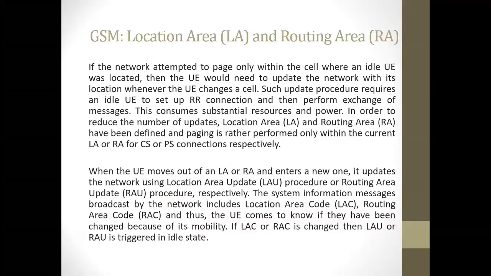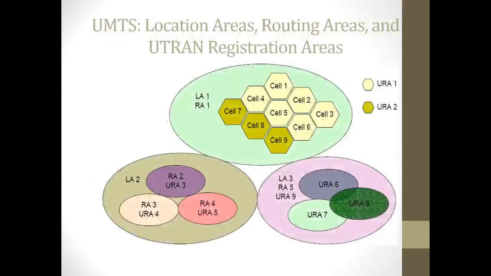The same operation is also done in the case of 2G or 3G when there is a change of routing area. The routing area and location area can be of the same size or they can differ. And in 3G also there is a third type of location area.